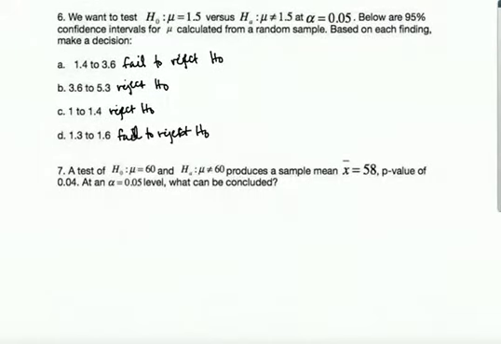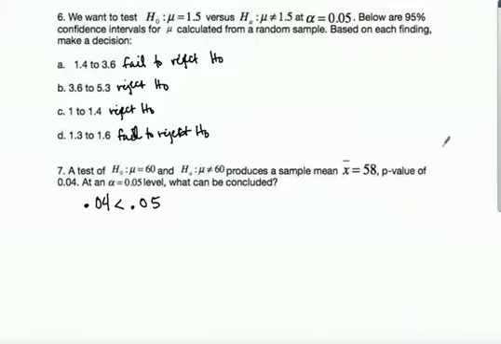And the last one says a test of the null hypothesis where mu is equal to 60 versus the alternative hypothesis where mu does not equal 60 produces a sample mean of x bar equal to 58 and a p-value of 0.04. At a significance level of 0.05, what can be concluded? So if we think about it, our p-value is 0.04, and that would be less than our alpha, which is 0.05. So because our p is low, we must reject the null hypothesis.